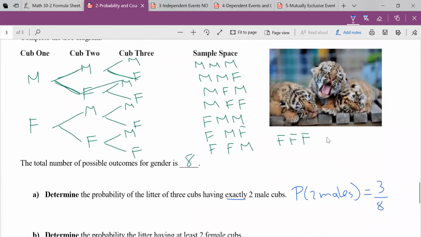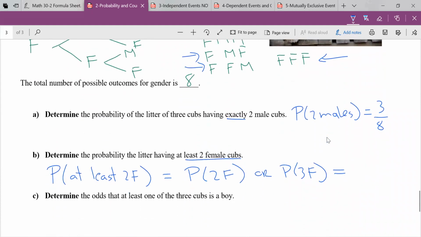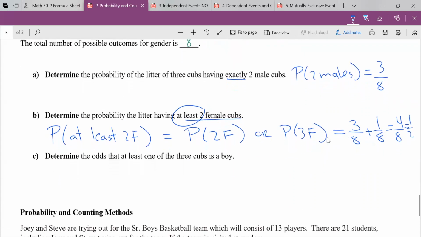Well, I see 1 way, 2 ways, 3 ways. And how many ways can I get all 3 females? Well, just 1 way. So if I wanted to show my work here, I would say 3 over 8 plus 1 over 8 is 4 over 8, or the kids tell me that's a half. Okay, so watch out for that idea of at least again. We saw that in the last unit.